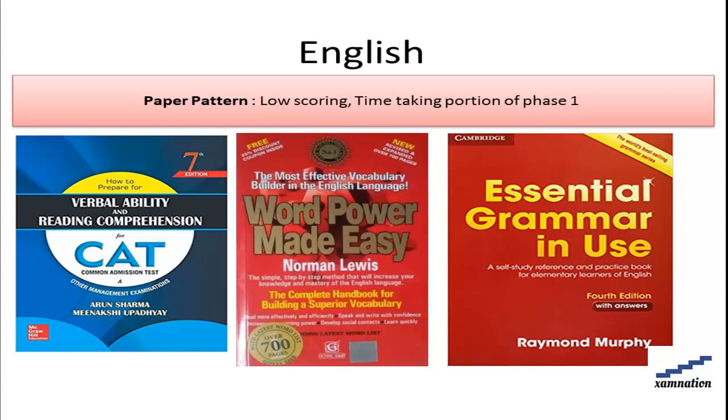So students, overall the thing is that this paper is not of the bank PO or SSC kind, so it is a little tougher than these papers, but it should also be noted that this paper is not as tough as CAT.